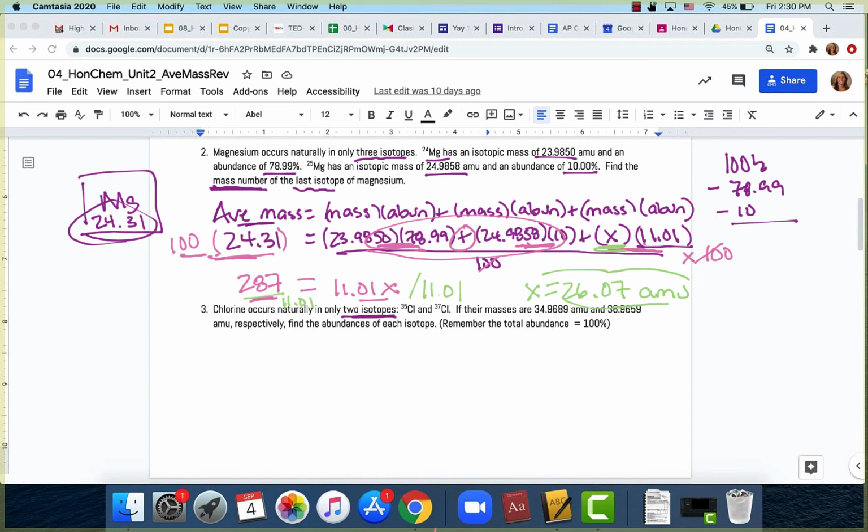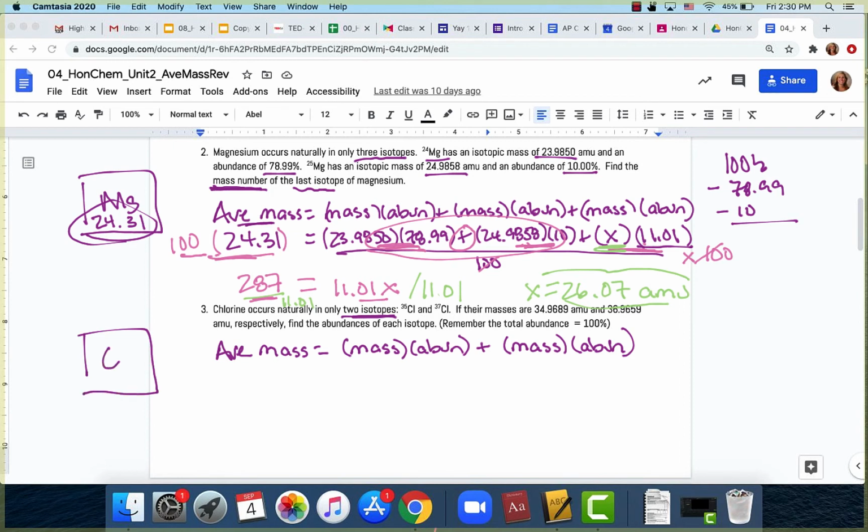For the second one, it's a similar process. 2 isotopes here. So I'm still going to do average mass equals mass times abundance plus mass times abundance. Average mass, I'm going to get off the periodic table.